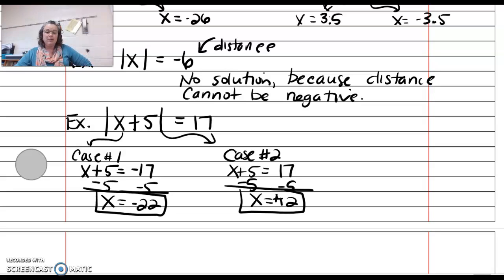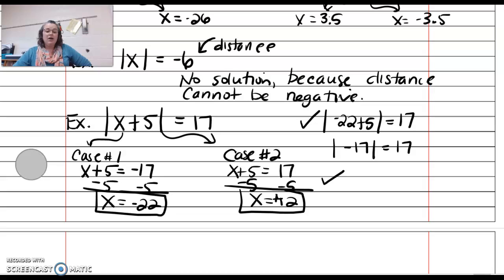And of course, we do want to double check our work. If I check the first one, negative 22 plus 5, does that give us 17? So the absolute value of negative 22 plus 5. Well, negative 22 plus 5 gives me negative 17, and the absolute value of negative 17 is 17.